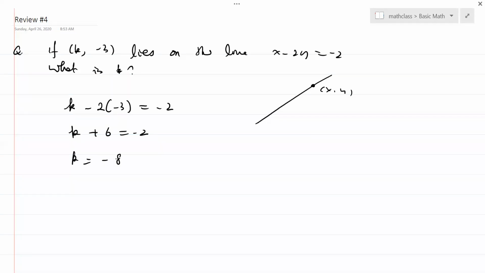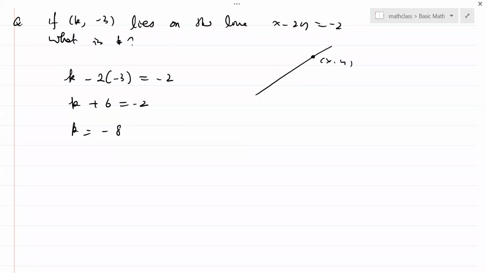So all you have to do is just understand the meaning of the equation. Equation means the points on the line that coordinates x and y are related by that equation.